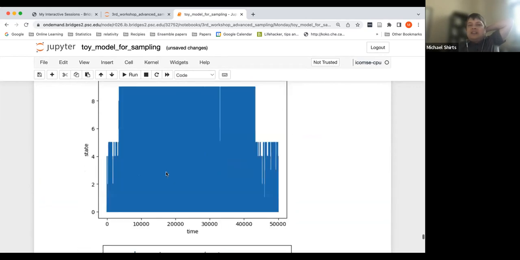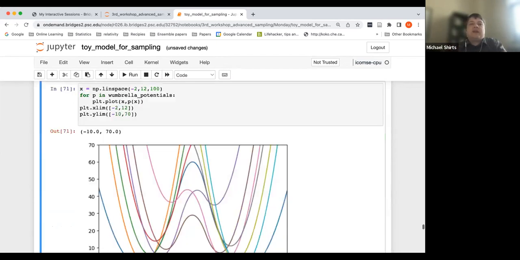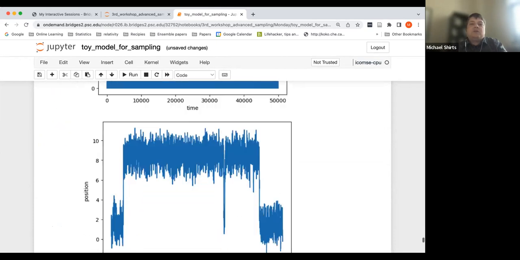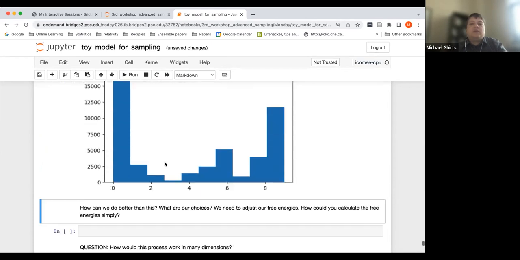Well, essentially, these weights are saying, add this to the total energy. But if it's a change to all of them, irrespective of the configuration, it's essentially a free energy that we're adding. So what could we do?